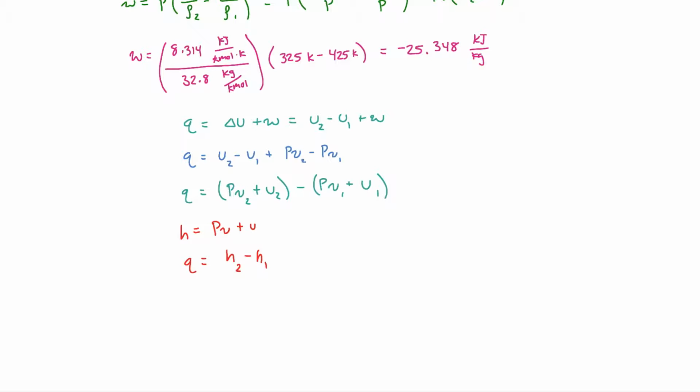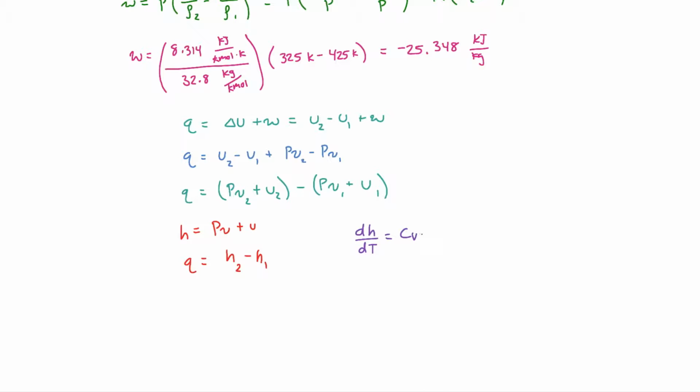Now we could use the assumption that is stated within the problem statement. So this is another definition that you may have to remember from thermodynamics, that the change in enthalpy with respect to temperature is defined by the specific heat, CV. So this is just a definition.